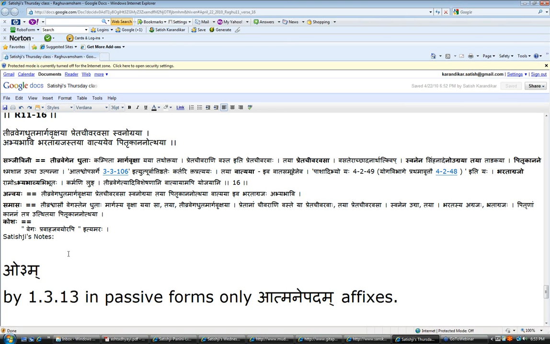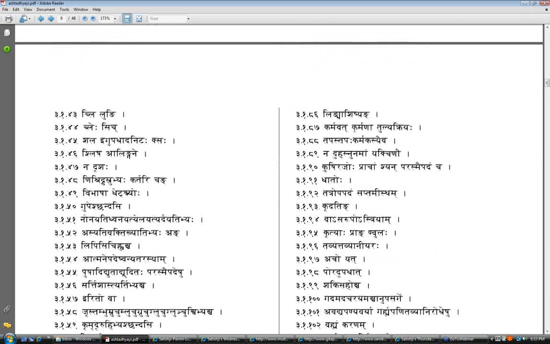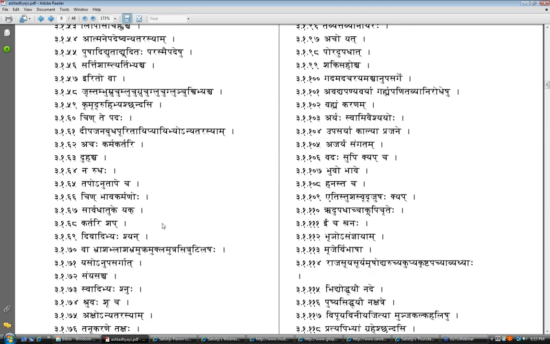But that will happen only in these 4 lakaras, because of the sutram sarvadhatuke yak. It requires sarvadhatuke. In the remaining lakaras, the pratyaya is not sarvadhatuka because it gets overruled or other things happen.